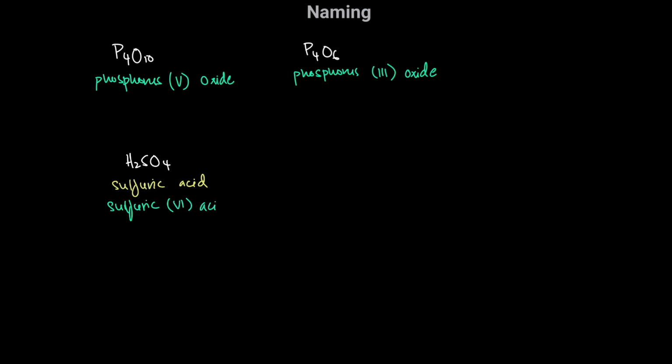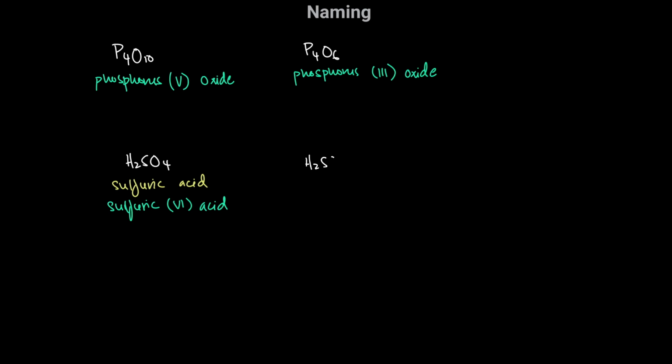Here if you calculate the oxidation number of sulfur, it will be +6. We have 2 H pluses, so that's +2. We have 4 oxygens with a -2, so that's +2 minus 8, that's -6. So the one sulfur is +6. It's called sulfuric 6 acid as well.